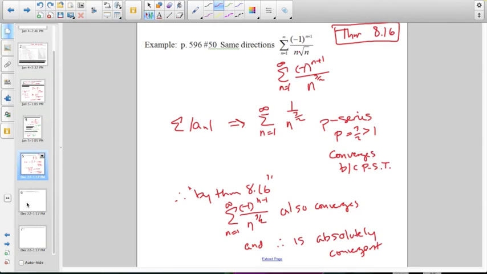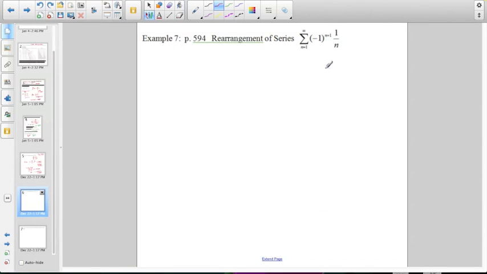If we look at the next one, 1 over n, let's go ahead and look at the absolute value series. So we're looking at n equals 1 to infinity of just 1 over n. You notice how we're really relying on p-series and geometric series. That's a recurring theme.